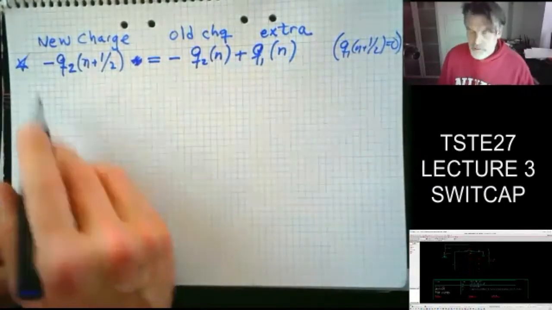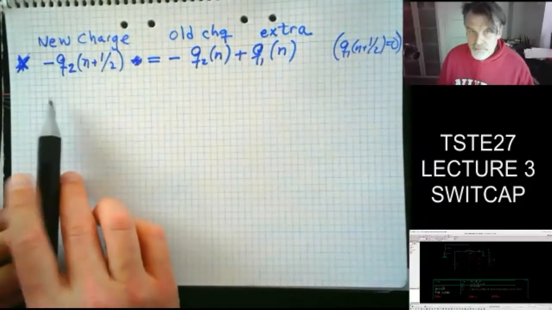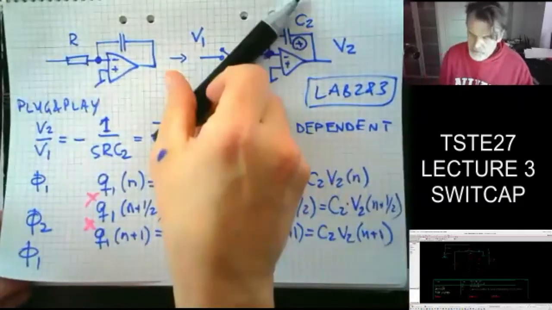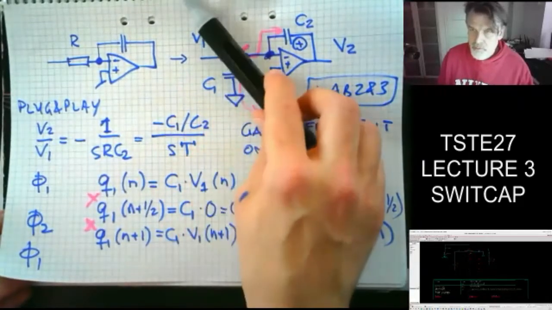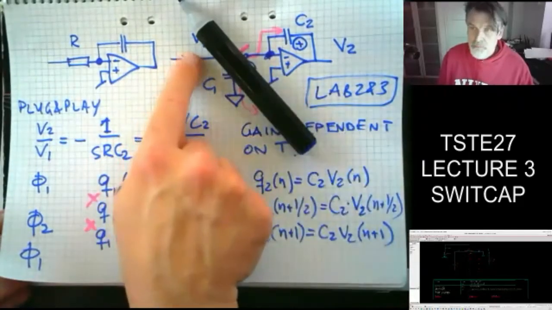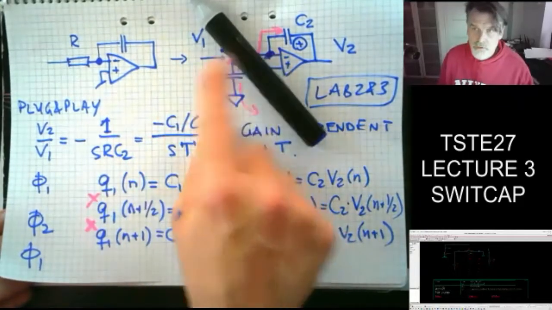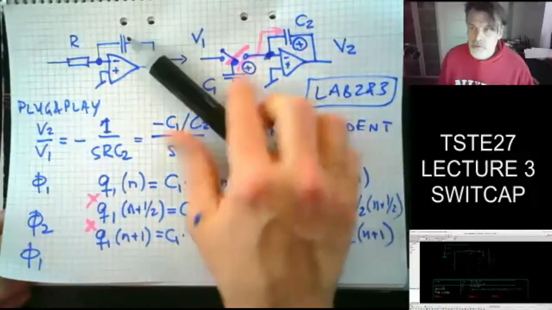What about the second? The second one is from phase phi 2 to phi 1. So in this particular scenario, I have my switch pointing upwards for a short period of time, and then I switch it to V1. So V1 is going to recharge C1 with an ideal voltage source. So there's no preservation happening here, it's just recharged.